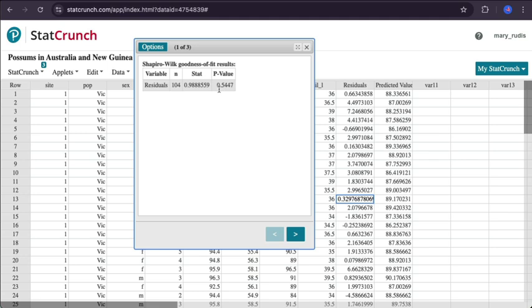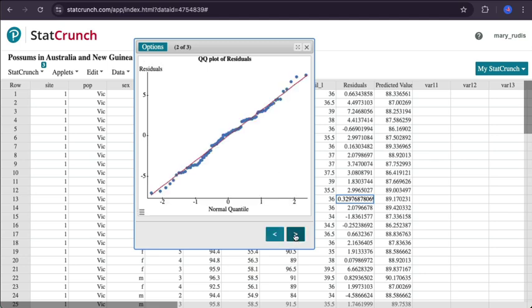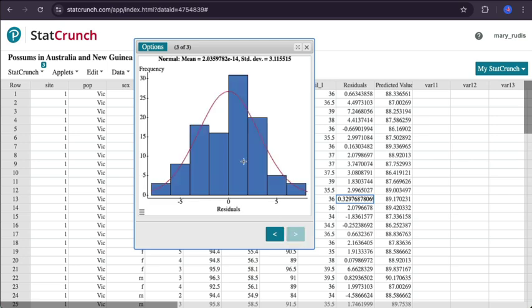So the p-value being 0.5447 means that we don't have strong enough evidence to reject the null hypothesis that the distribution is normal. We're not rejecting it, but essentially you can see the QQ plot here, and you can see the histogram here as well. So the test for normality, it doesn't fail it.